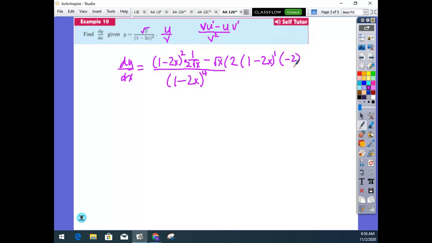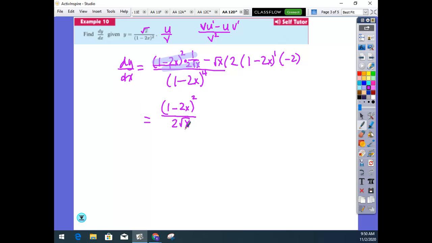Simplifying this becomes ugly. So let's just look and see. The first thing that I want you to notice, this is over 1. This is a fraction. I'm going to multiply my tops together and my bottoms together, and I get 1 minus 2x squared all over 2 square roots of x.